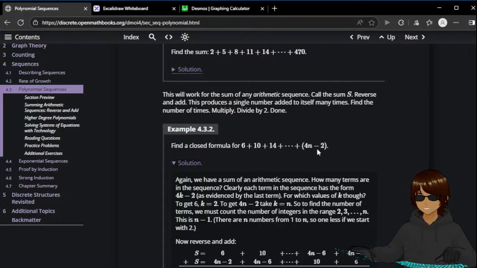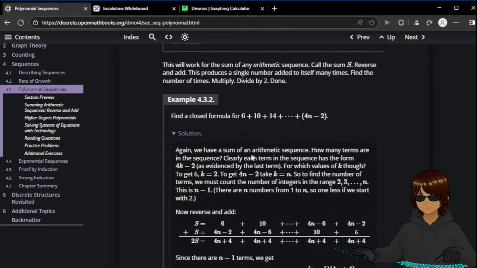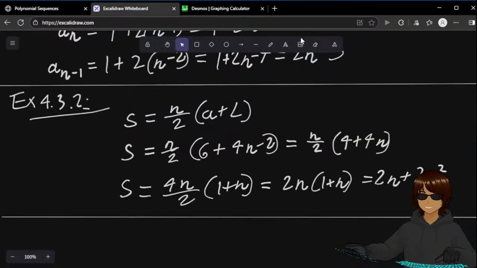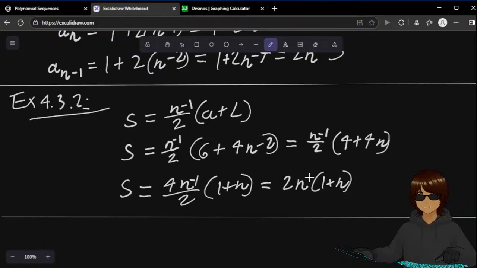If we plug in 2, we get 6. Oh, it's starting from 2. It's starting from n is equal to 2. So the total is not n, the total is n minus 1.